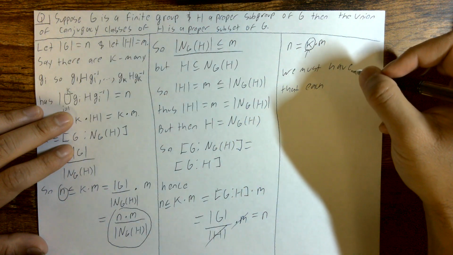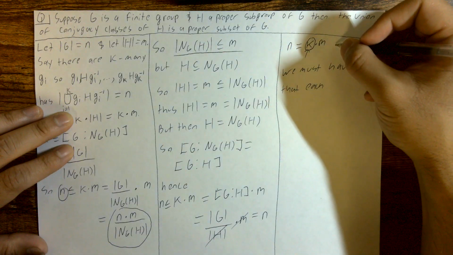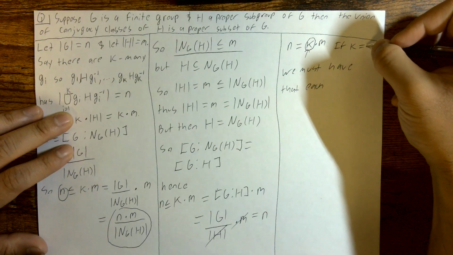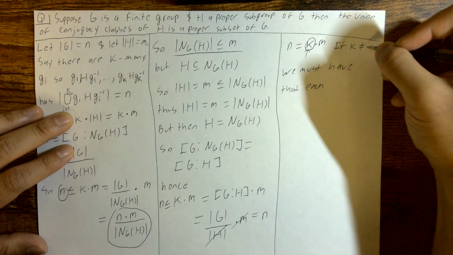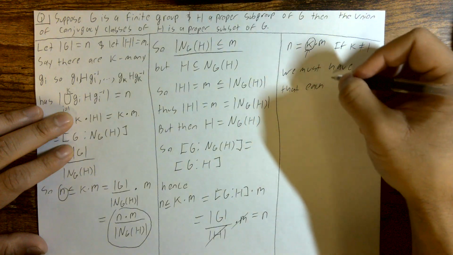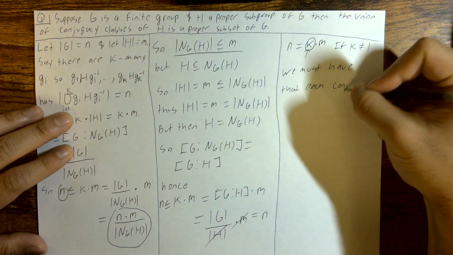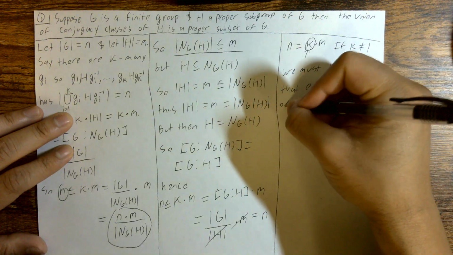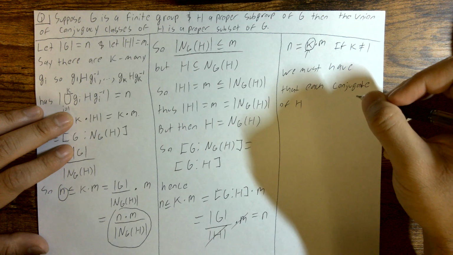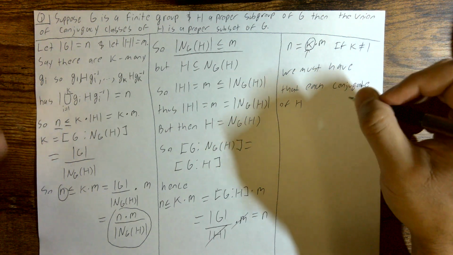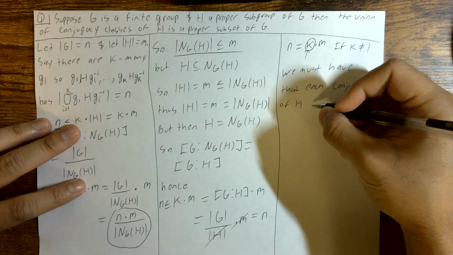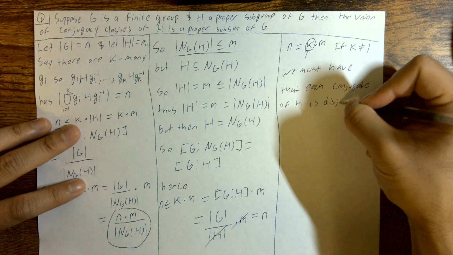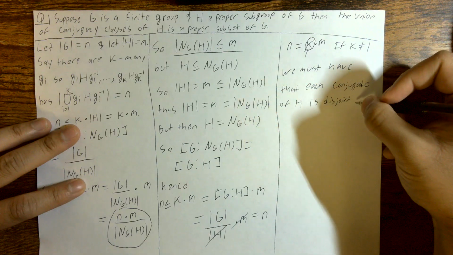So if k does not equal 1, we must have that each conjugate of H is disjoint from all others.